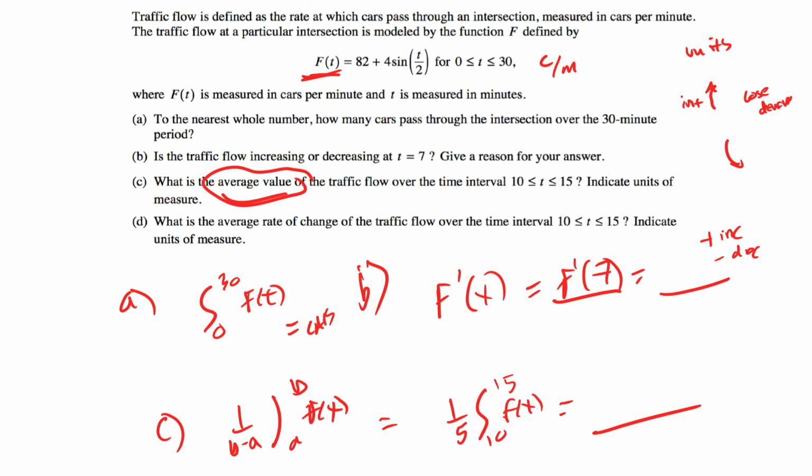When you take a derivative, you gain a denominator. So like I'm at cars per minute, I integrate that, I'm going to lose that thing because you're going to multiply. So you just get cars.